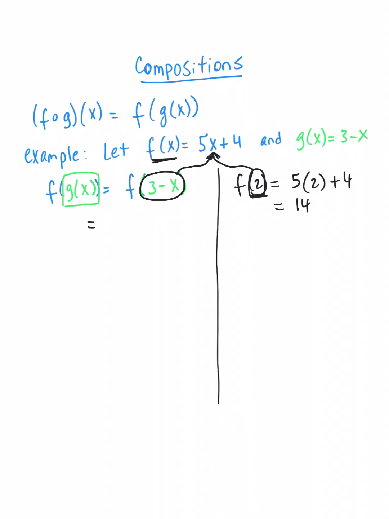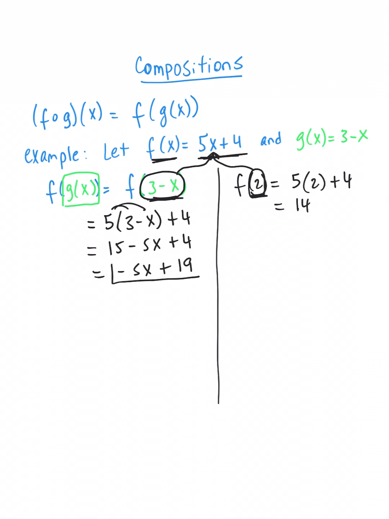So instead of multiplying just 5 times 2, you're going to multiply 5 times whatever is in parentheses here, 3 minus x in this case, and then don't forget your plus 4 part of f of x. Then you can distribute and simplify. So we'll distribute our 5 and get 15 minus 5x plus 4, which will get us negative 5x plus 19 for our final answer.